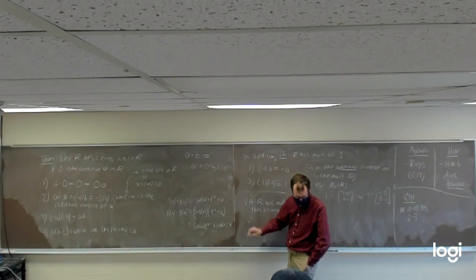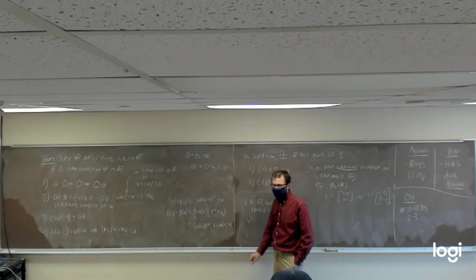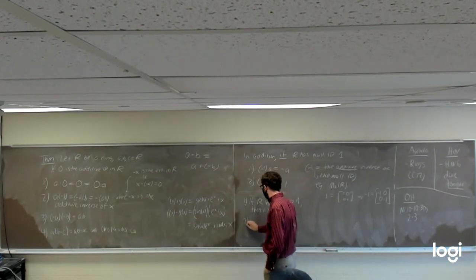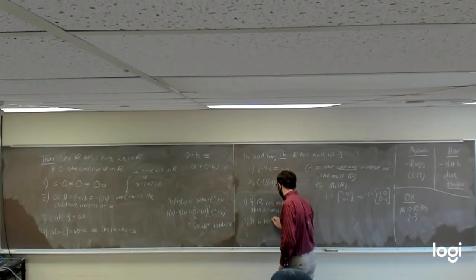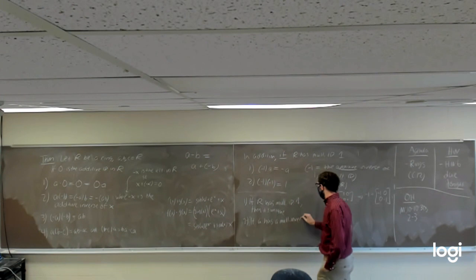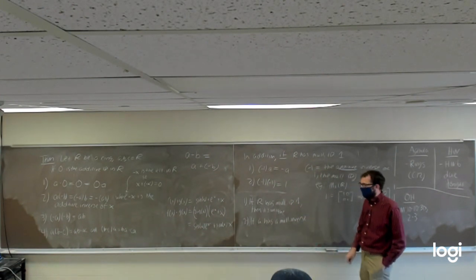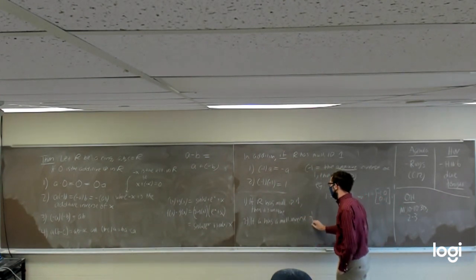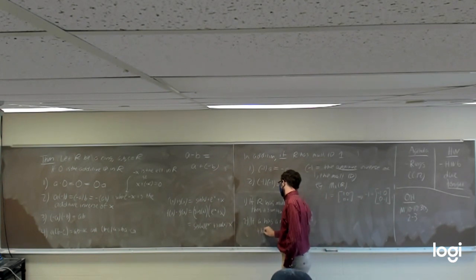And second, multiplicative inverses are unique if they exist. If A has a multiplicative inverse, and typically the multiplicative inverse of an element A, you're just going to write as 1 over A, then it's unique.